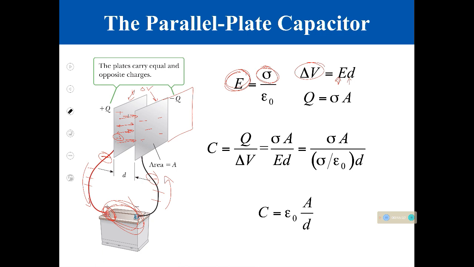We showed up here that charge is just charge density, charge per area, times area, right? So I replace Q with charge density times area. Voltage is equal to E times d, right? And E is equal to density over epsilon naught. So if you plug it in here, these densities cancel, the density doesn't matter, and you're left with that equation right there.